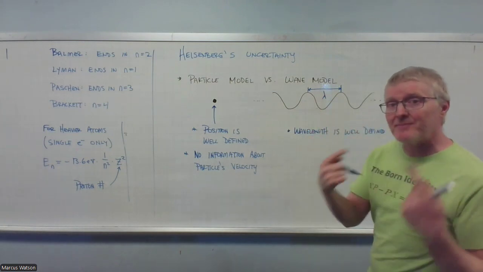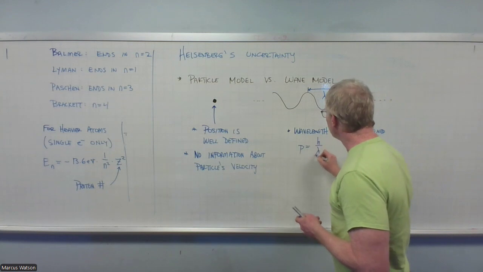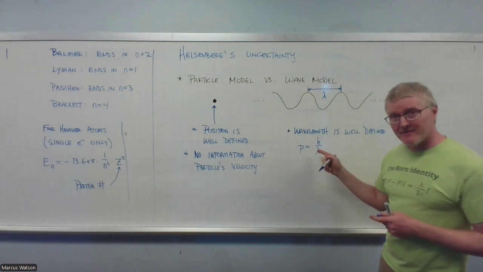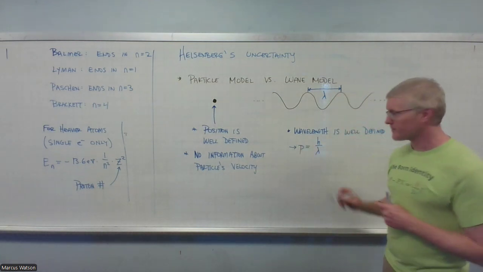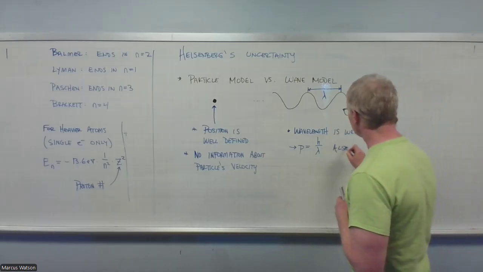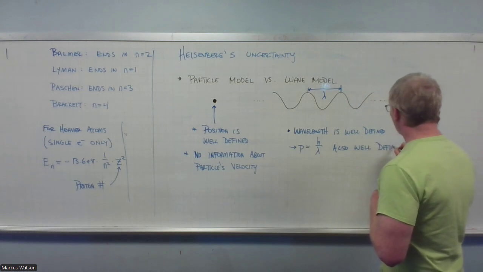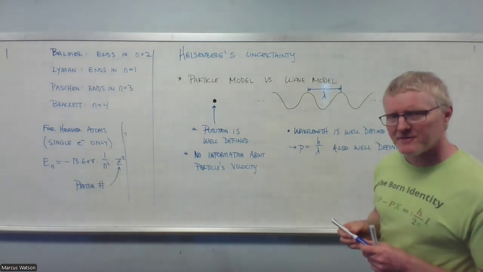But we know that that implies that there's something going on with the momentum. That wave is carrying momentum, and it's well defined. Therefore, it has a well-defined momentum. However, when I turn to asking the question, where is this wave?